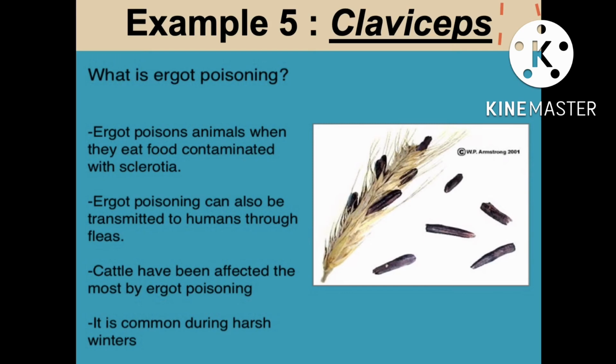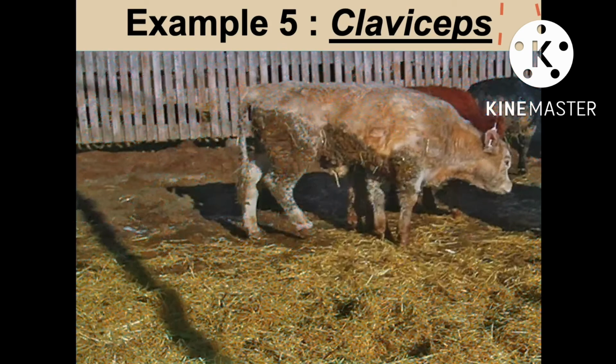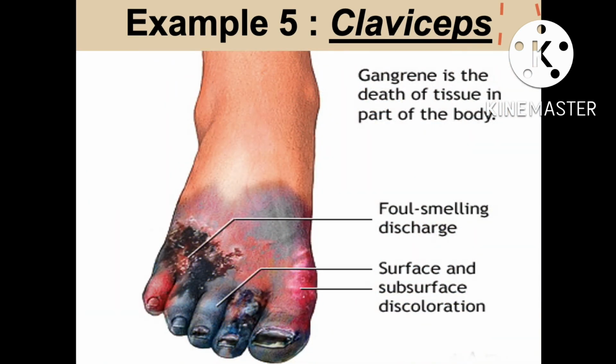It is of two types, gangrenous and spasmodic. The sclerotia of Claviceps contain several alkaloids called ergot alkaloids. The most important alkaloid is lysergic acid.